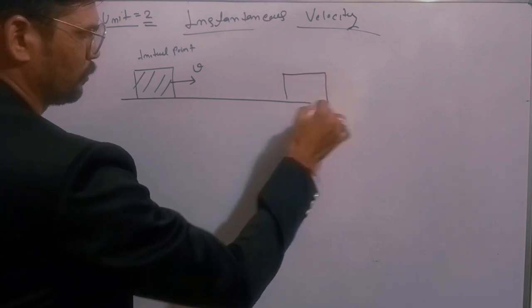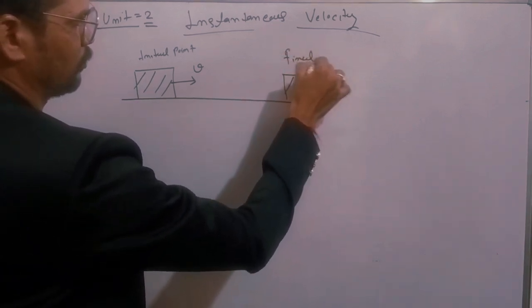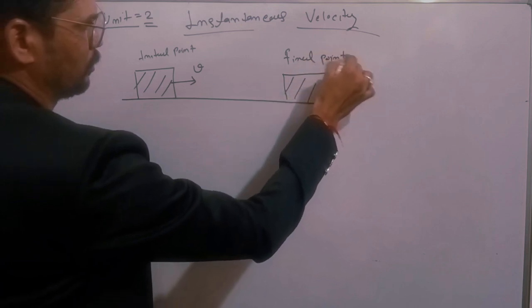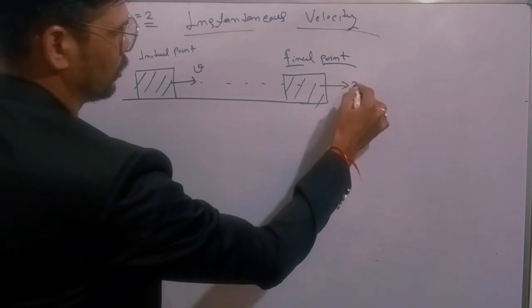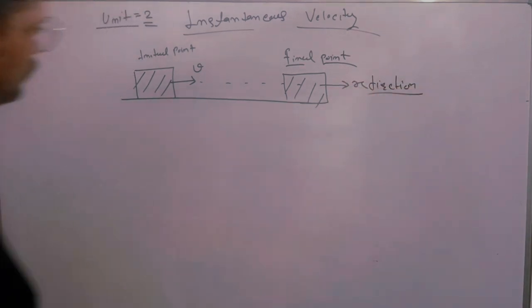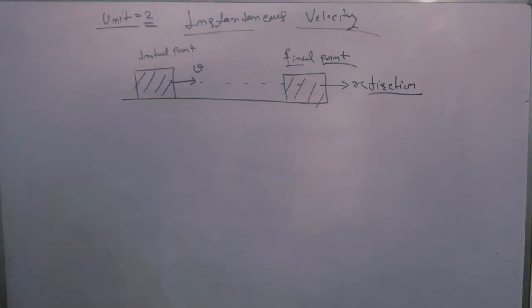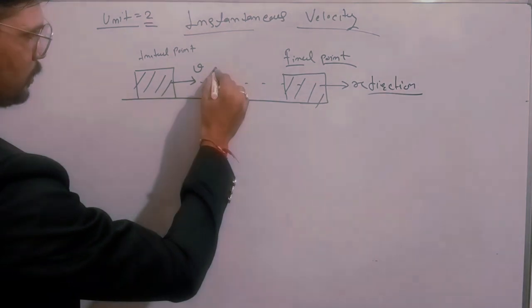This is a surface. The block is placed on this surface. This is a velocity. This is the initial point. This is a final point. And it travels in the x direction.